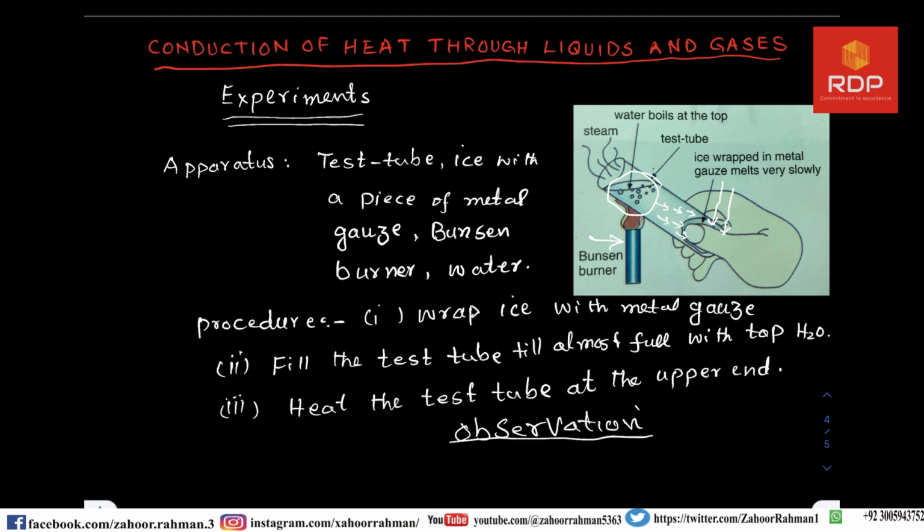You have to remember that water is a poor conductor of heat. How? Because the ice at the bottom is melting very slowly, so it means heat is transferred slowly.